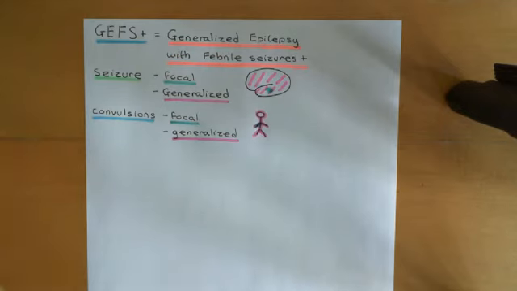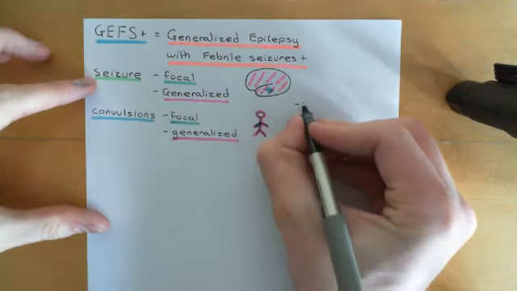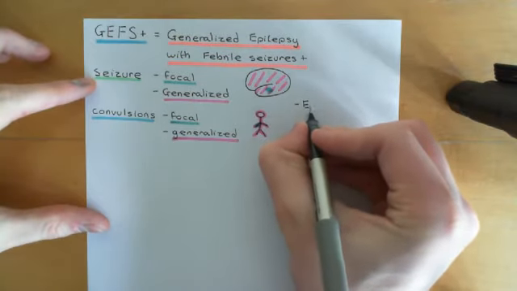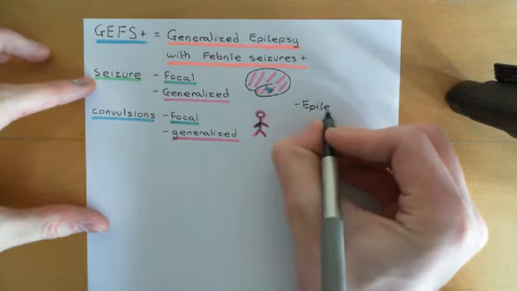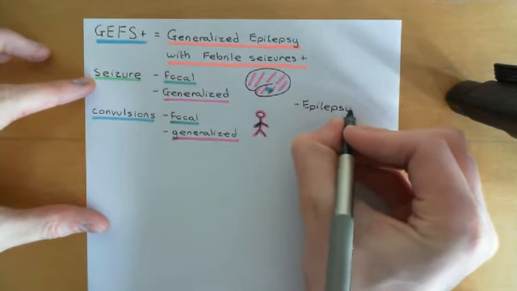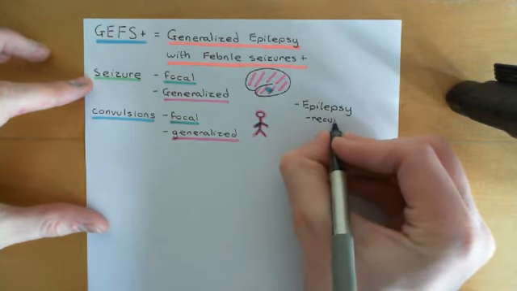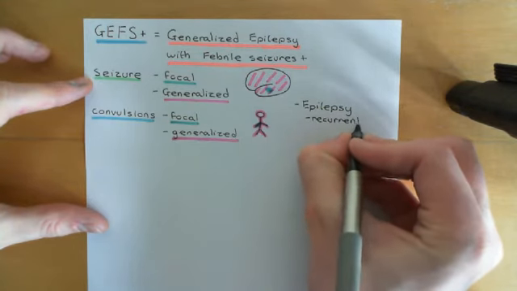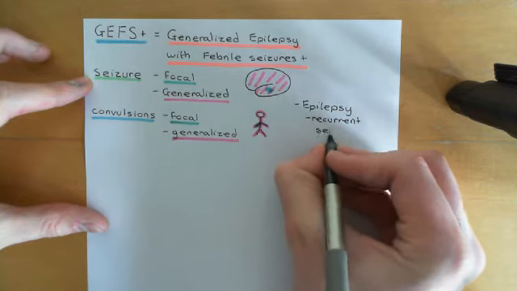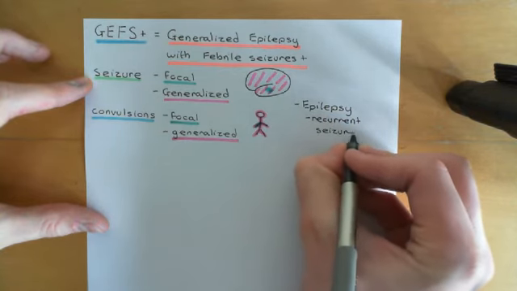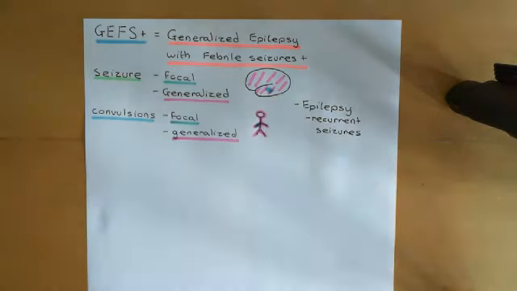Now let me tell you what epilepsy is. Epilepsy is a condition in which you get recurrent seizures. That's the key defining feature of epilepsy: recurrent seizures. Now, anyone can suffer a seizure. If you raise blood glucose to a really high level, you can initiate a seizure in anyone.